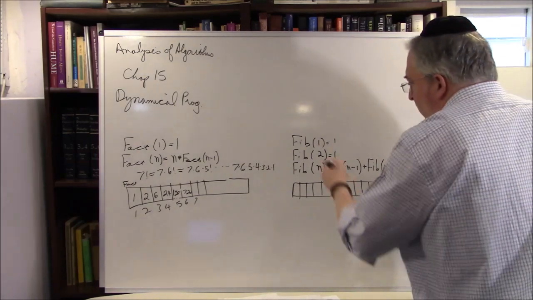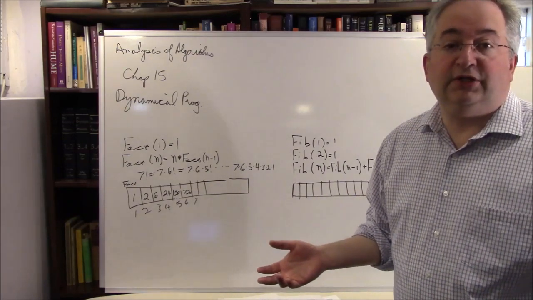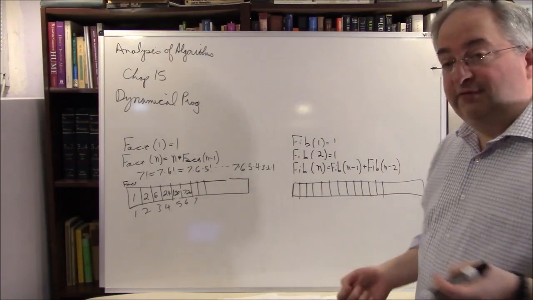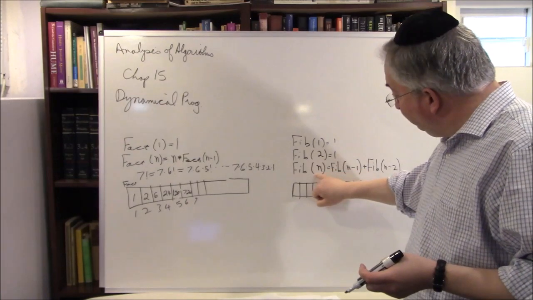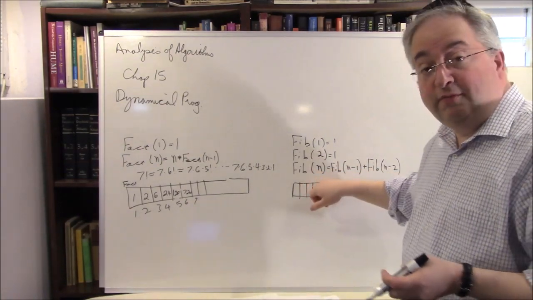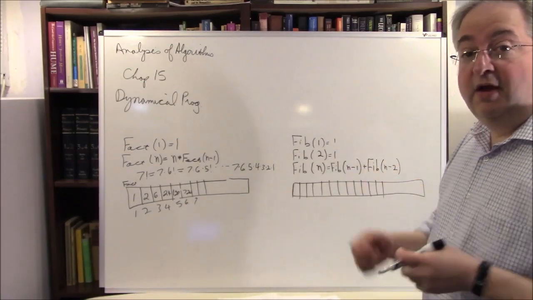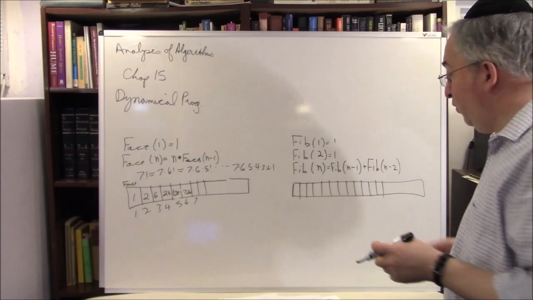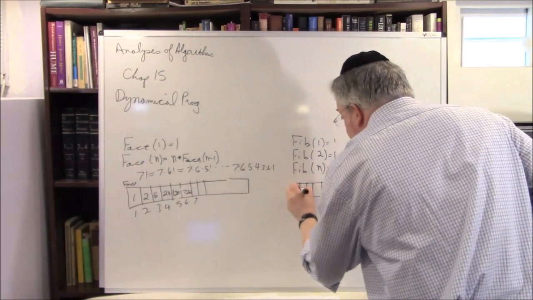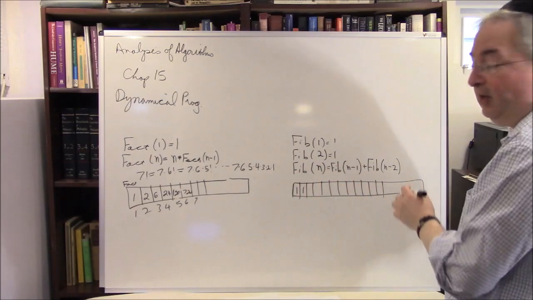So how do we figure out the 13th Fibonacci number? Well, in order to figure out the 13th, you have to figure out the 12th and the 11th. In order to figure out the 12th, you have to figure out the 11th and 10th, etc. But rather than do that, all you have to do really is just figure out the small ones and build up to the larger ones.